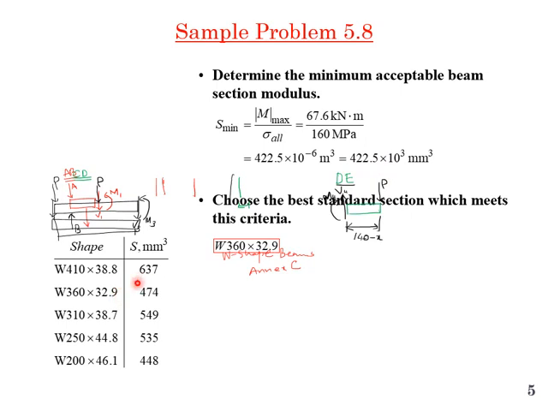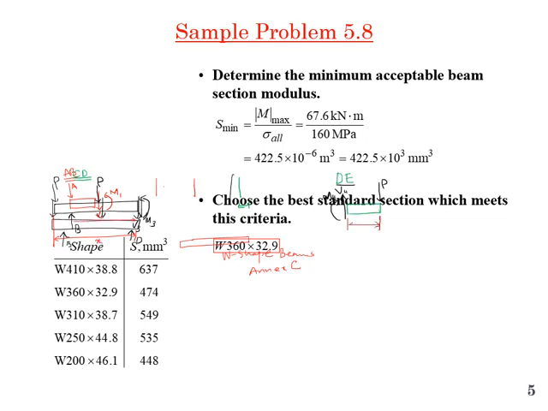So if you look at that, 637 times 10 to power 3 millimeter cube, W410 by 38, and we have W360 by 32.9, we have 310 by 38, and so on.